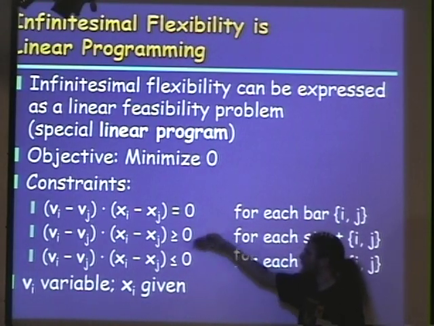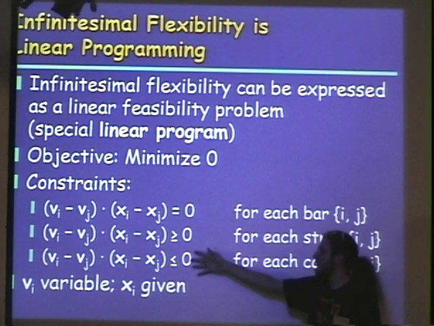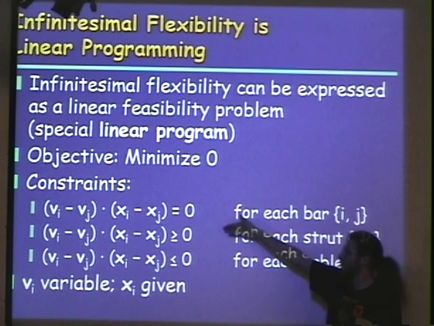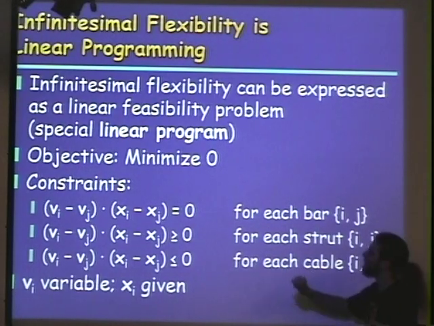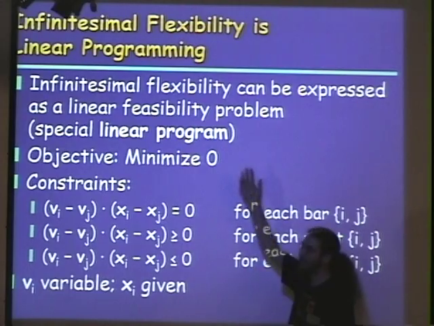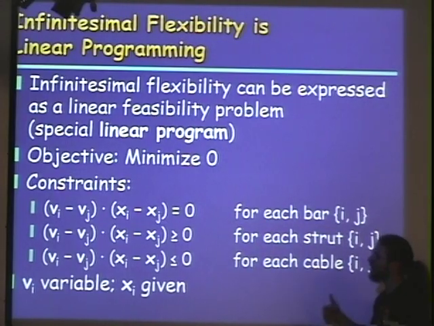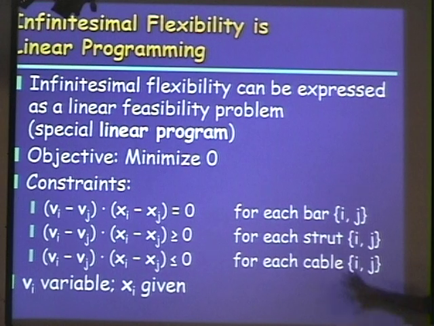Now we get some inequalities that say that this edge length should only increase and this edge length should only decrease for the struts and the cables. So this is a linear program. It's really a linear feasibility problem because I don't have any objective. I just want to find some motion, some velocity vectors, that satisfy these constraints. So we can apply linear programming duality.